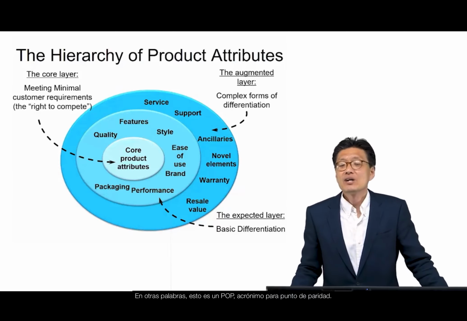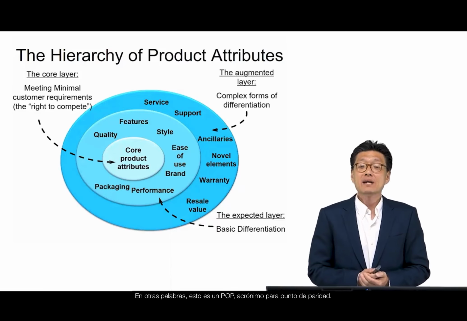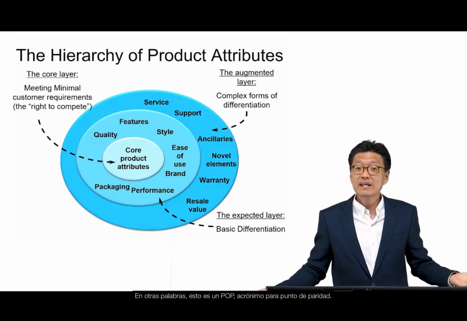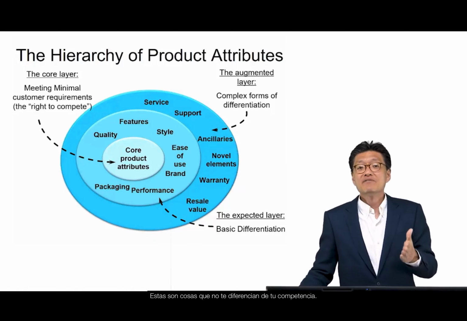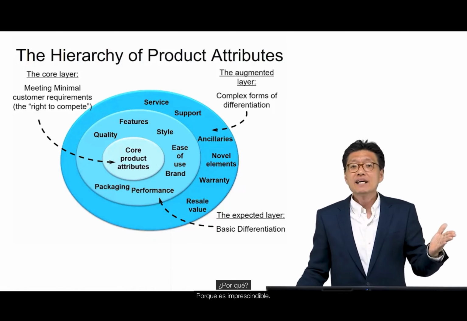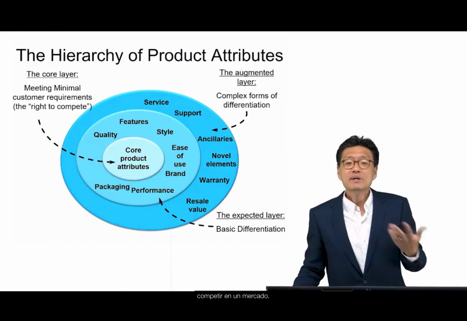In other words, another word for this is POP, point of parity, right? So these are things that don't differentiate you from your competition. Why? Because it's a must-have. It's a minimum requirement that all companies or brands must have to compete in a market.